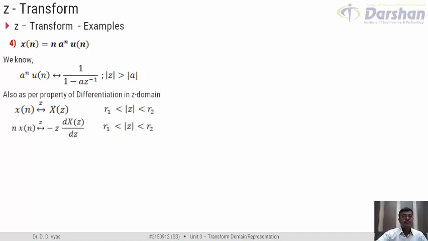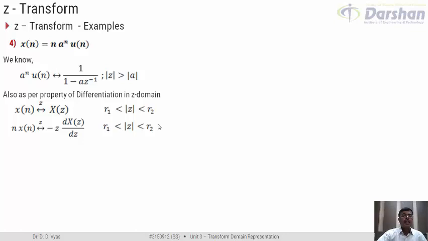We know the property of Z transform, particularly the property of differentiation in Z domain, which says that if x of n has Z transform x of z, then n x of n would have a Z transform minus z dX(z) by dz. And the ROC primarily remains the same because this does not change the poles of x of z.